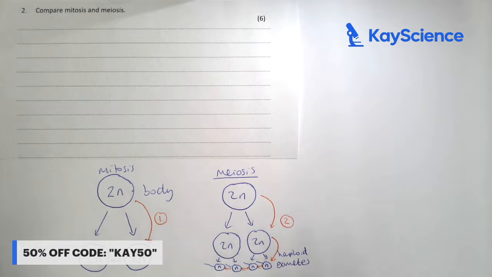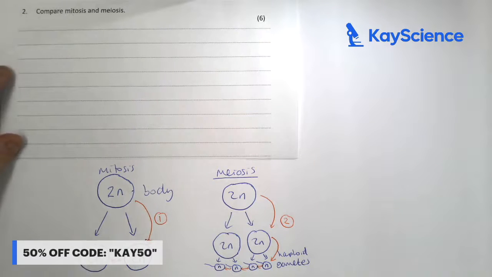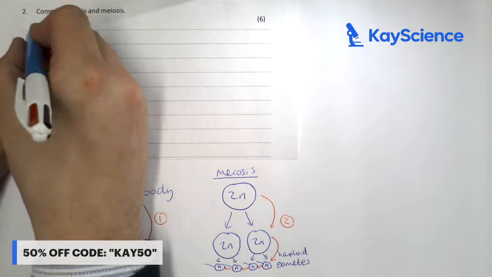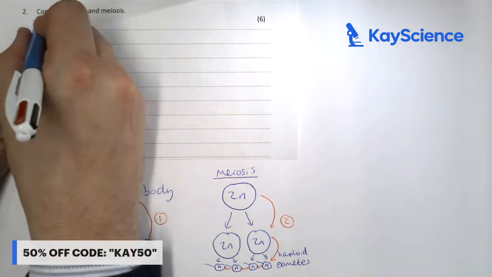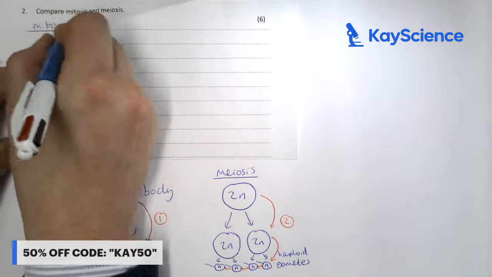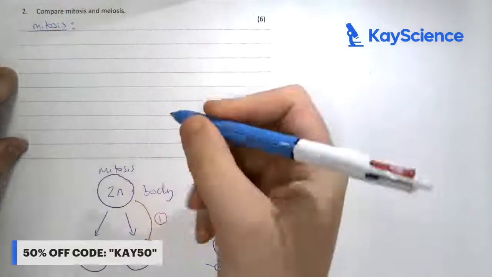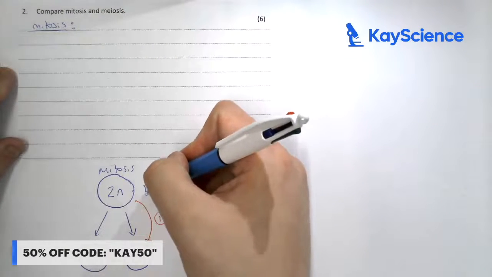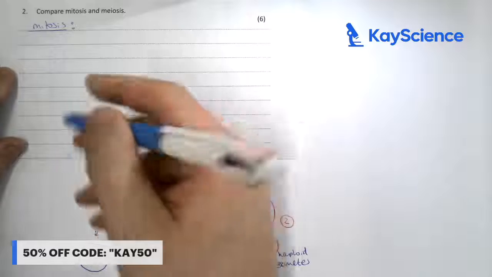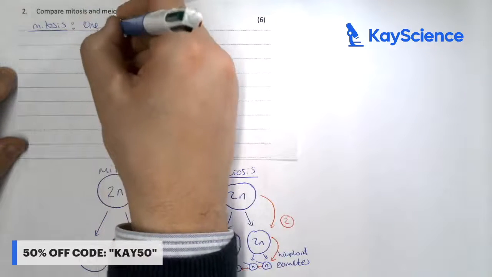So this comes on to how would you answer this question? I think this is a really nice question to get in an exam because you can get a lot of marks quite quickly. So firstly, mitosis. Mitosis is when one body cell divides once. So there's 1 cell division.